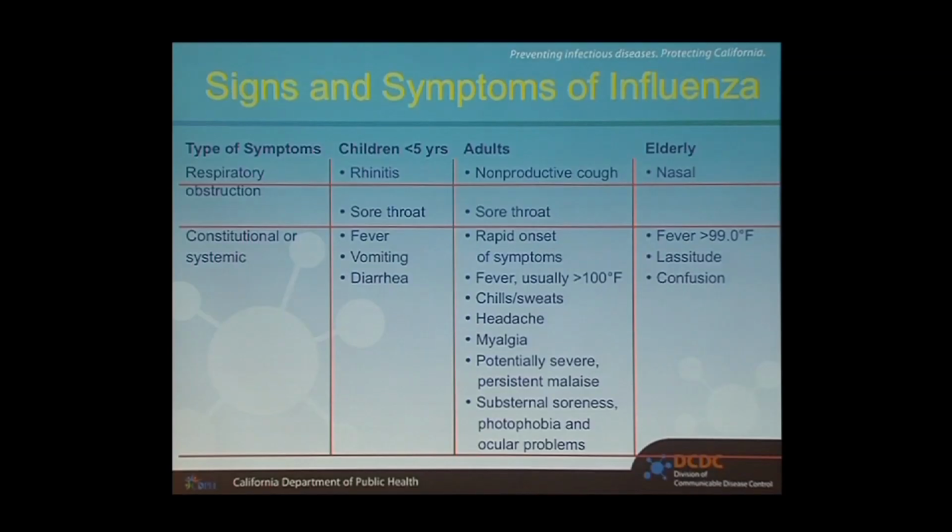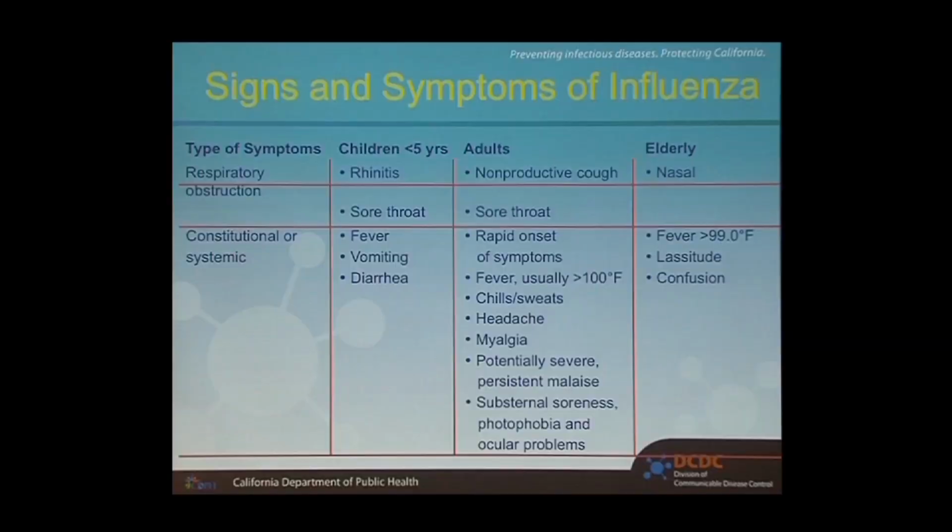But are there really classic symptoms? Because we see a big variation in how people present when they're sick with flu, especially if you're very young. A lot of babies and young toddlers will present with gastrointestinal symptoms. They may be febrile, but their primary complaint, or if they can't talk, their primary symptom, is just throwing up or diarrhea, or just being very tired.